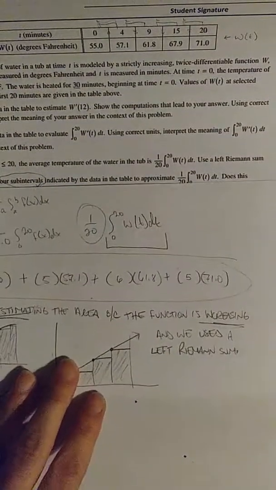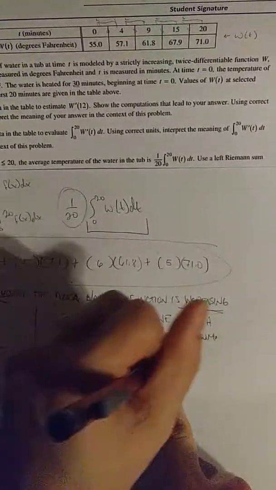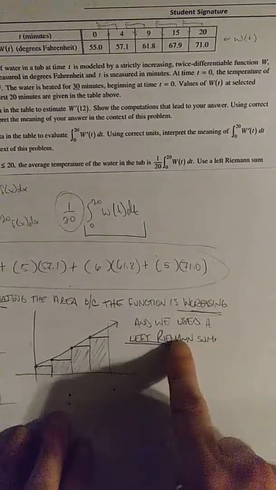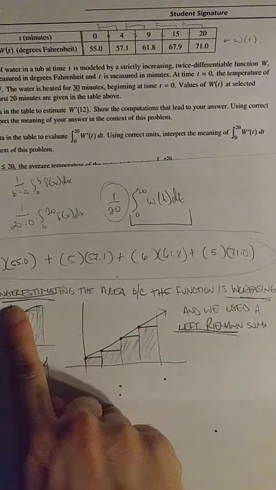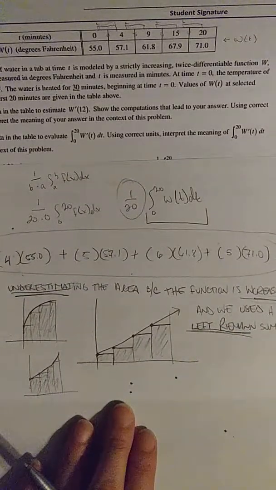There. So, underestimating, increasing, left Riemann sum. These two things will guarantee that it is an underestimate, and they are all you have to say in your explanation, okay?